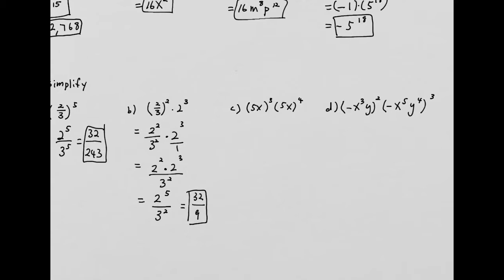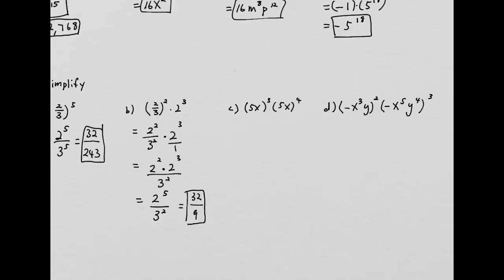Let's look at the next one. We can distribute exponents and open the parentheses, right? So it'll be 5 cubed times x cubed and times 5 to the 4th, just distributing, right? And x to the 4th.